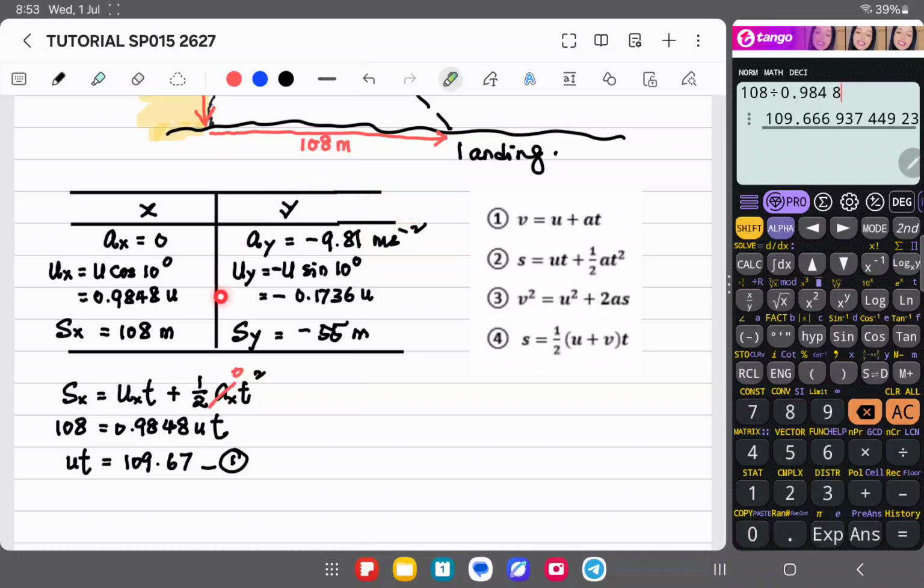Then we move on to the component y, the vertical motion. Again, I want to determine u, and I know sy, so I can use the second equation as well.